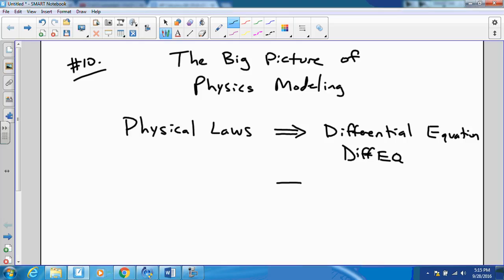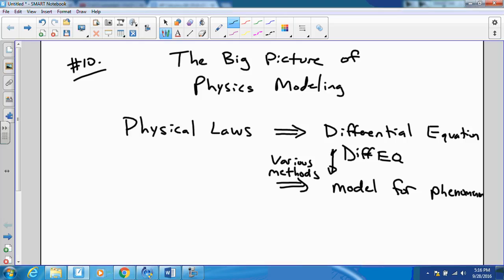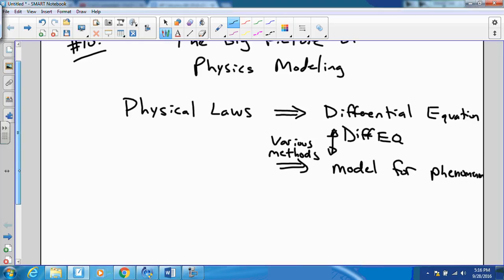And then we're going to take that differential equation and use various methods to come up with a description, to come up with a model for the quantity that we're interested in, for the phenomenon. Because these two are so tightly tied together, very often the differential equation itself will be called the model.